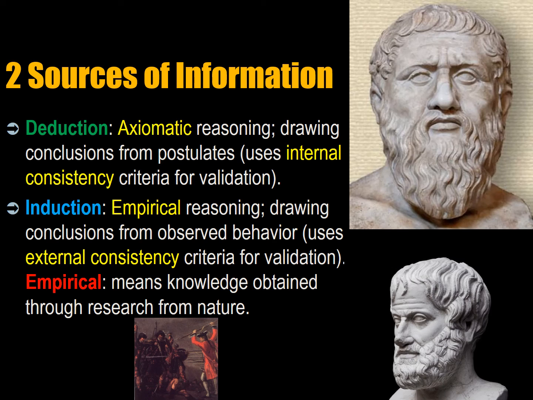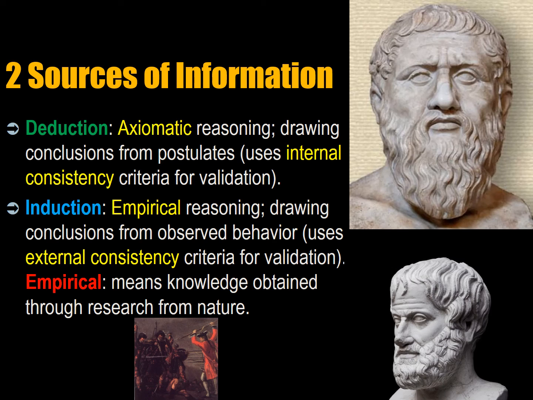For example, since wars make people suffer, we could deduce that it would be rational for most people to wish to avoid war. This is a prediction, right? It's entirely logical. Induction is empirical reasoning, where empirical means knowledge obtained through research from nature.